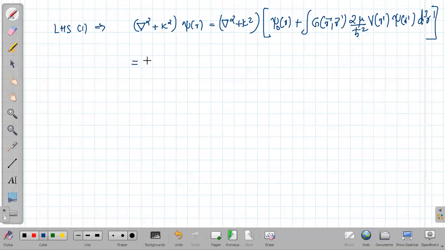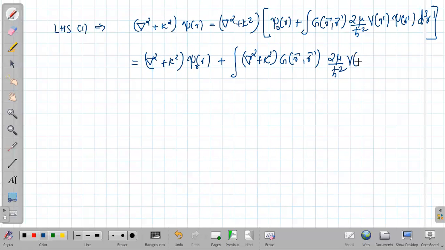Now this can be split into two. First one is del square plus k square acting on psi 0 of r, plus the integral of del square plus k square acting on g of r, r prime, times 2 mu by h bar square v of r prime psi of r prime d cube r prime. I've split that into two. Now, what is psi 0 of r? Psi 0 of r is a solution for the homogeneous differential equation. So del square plus k square acting on psi 0 of r is nothing but 0.